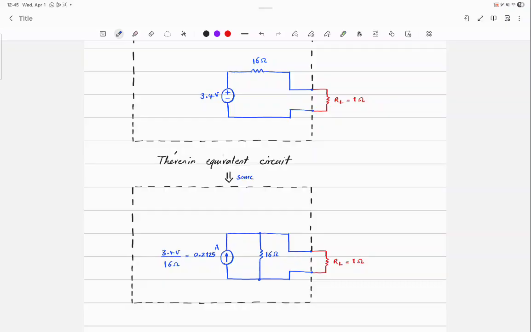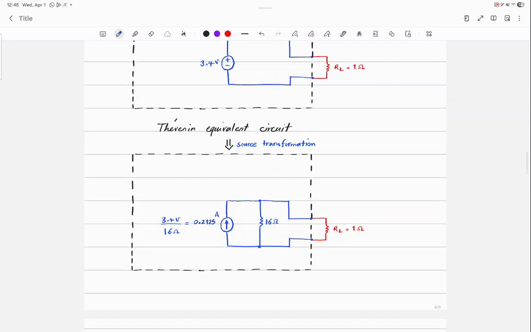This is based on source transformation, right? That's not a new concept. We did it based on the previous lecture. That's exactly the next topic. So that one was called Thévenin equivalent circuit.